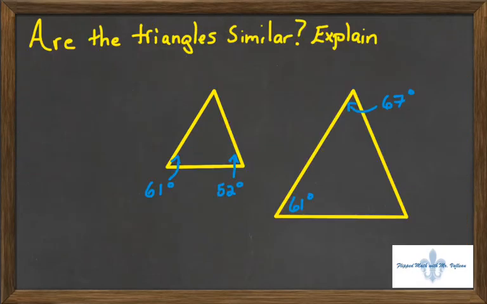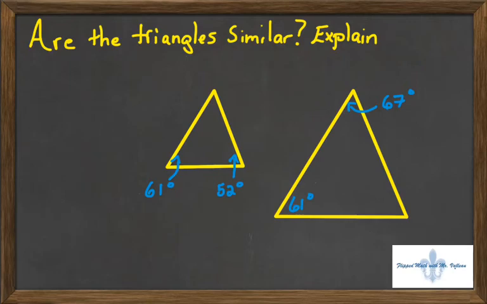So let's take a look at determining whether or not triangles are similar. Here we have two triangles, and our goal is to determine whether or not the triangles are similar. Using the angle-angle theorem, we have to make sure that these two triangles have two matching angles.